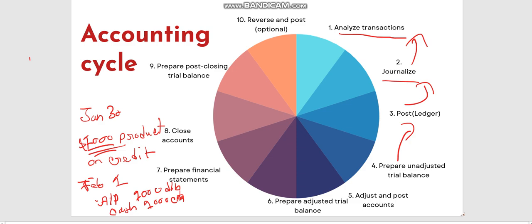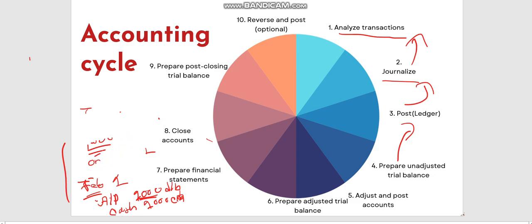Now the question is, does this 1000 belong on February or on January? Because the transaction originally happened on January 30th, but it got repaid in February. The answer is that it belongs in the month of January.